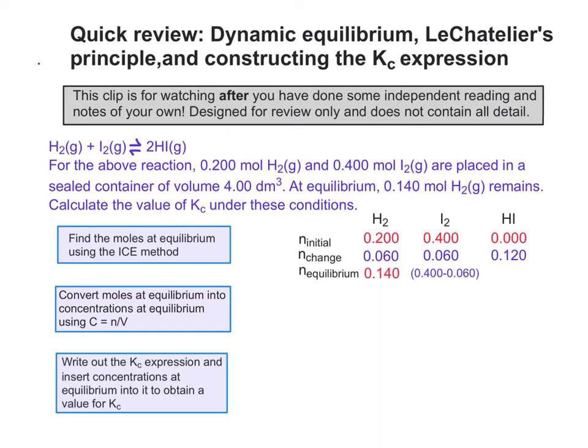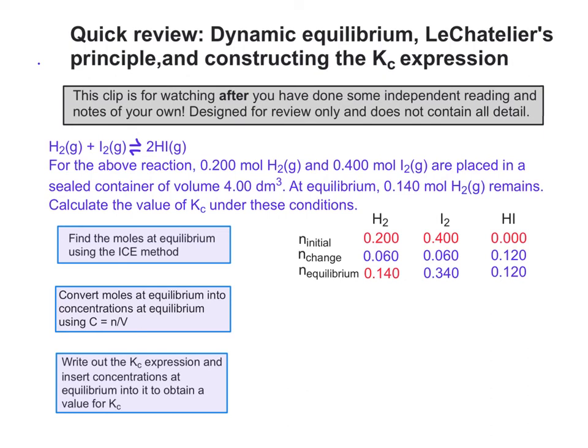For the iodine, you take away 0.060 that's used up from your original 0.400, giving you 0.340. And at equilibrium, because you've produced 0.120 moles of hydrogen iodide, that gives you that amount at equilibrium. In other words, you add them together, and that gives you 0.120, like so.